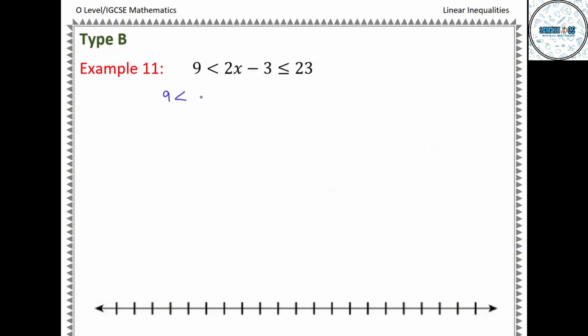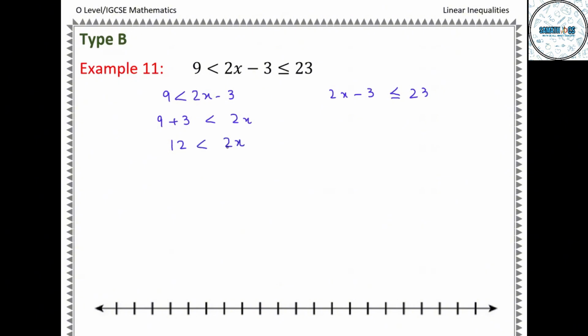One is 9 is less than 2x minus 3, and another one is 2x minus 3 is less than 20. So we will take minus 3 on this side. So 9 plus 3 is less than 2x. So we have 12, which is less than 2x.